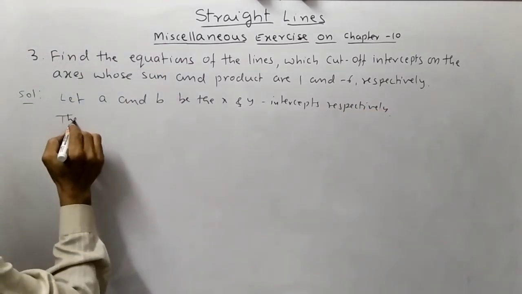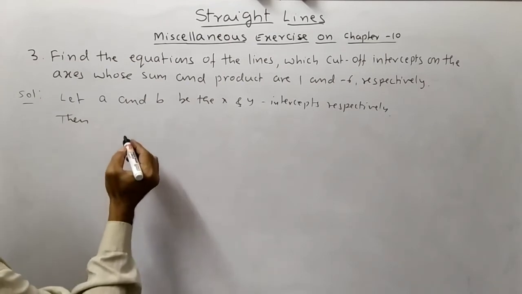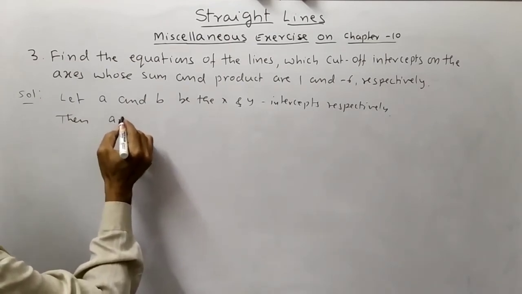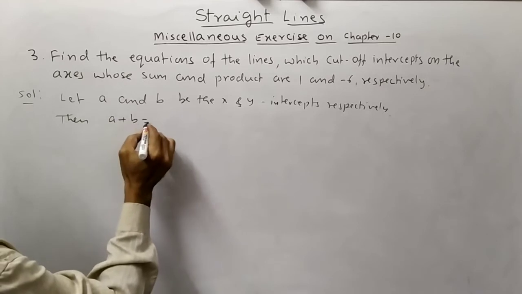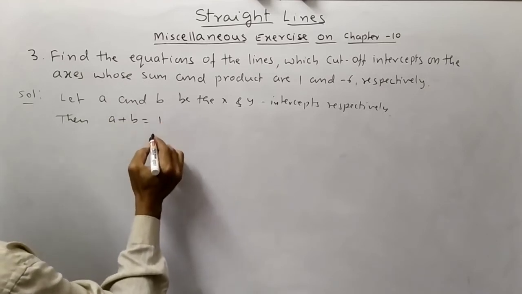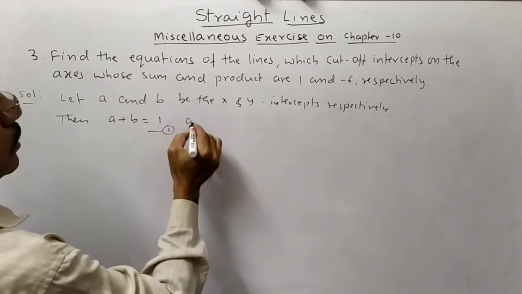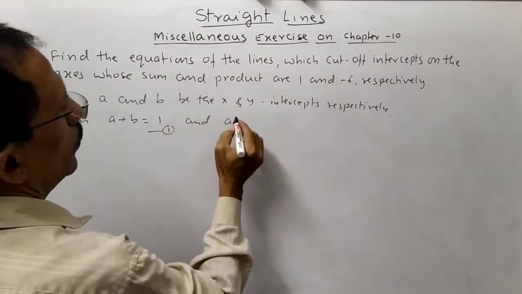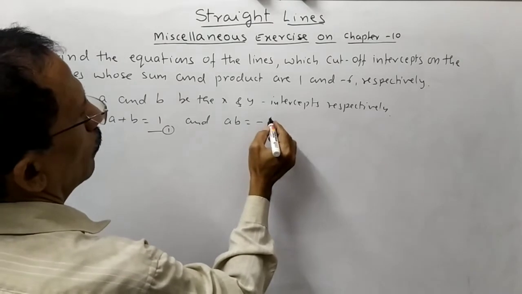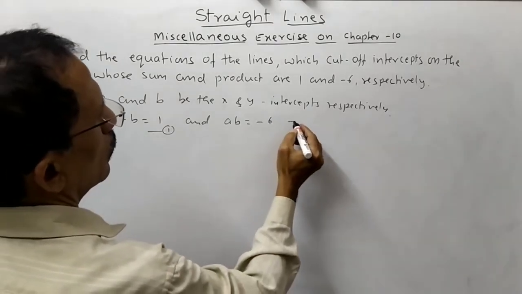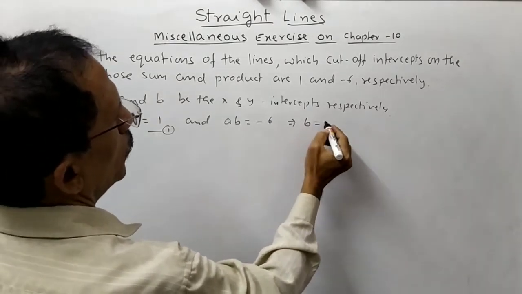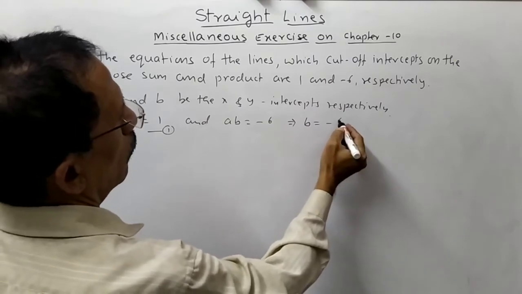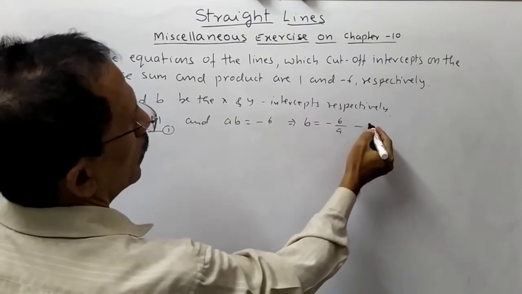Then A plus B is equal to 1, say number 1, and AB is equal to minus 6. This implies B is equal to minus 6 divided by A, say number 2.